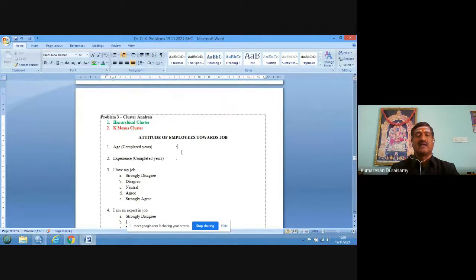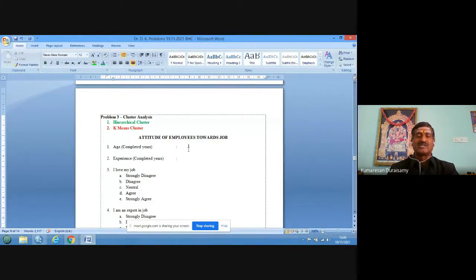Now look at the independent variables. These are dependent variables, of course. See, I love my job may be different from one employee of a particular age to another employee of different age. Similarly, experience. See here, completed years.